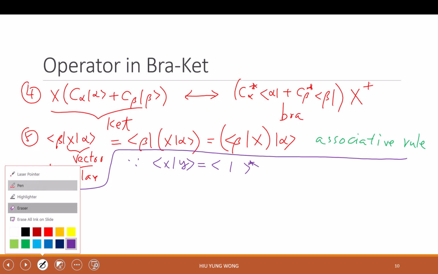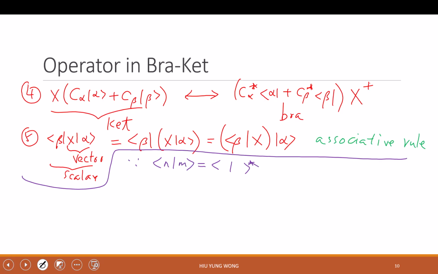No, x and y will be confusing. How about I call it n and m? It's the same, just numbers. N and m equals m and n star, right? So if I say let m equal x alpha, that's okay, right? Because this is just a vector. I use x alpha equal to this.